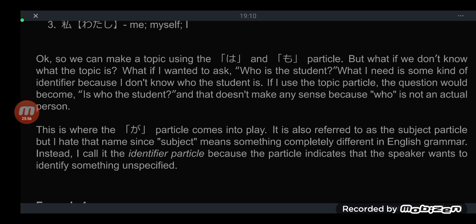So the ga should be able to answer it. It may look like a descriptive particle, but the ga is almost always, or oftentimes, regarded as the identifier particle. So let me give an example.